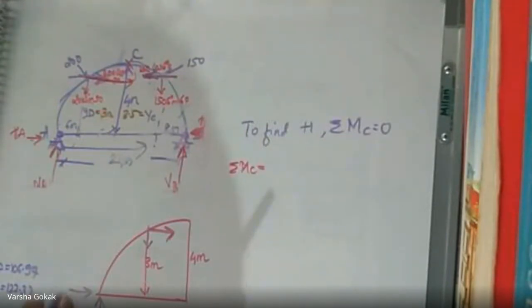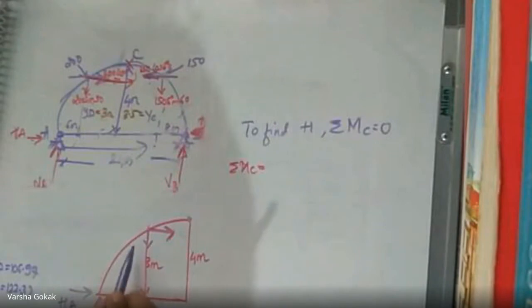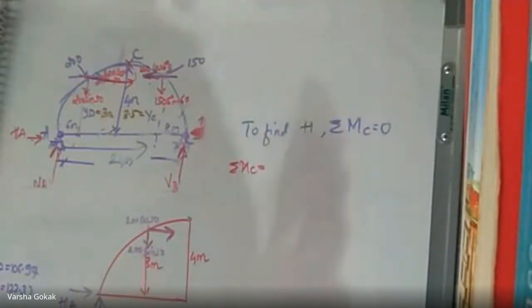And this is HA. I need to find this. So this is going to be 200 sine of 30, and this is 200 cos of 30, like this. So when I'm taking moment at C, first I will write this total distance is 24 by 2, that is 12. And in that, this distance is 6 meters.